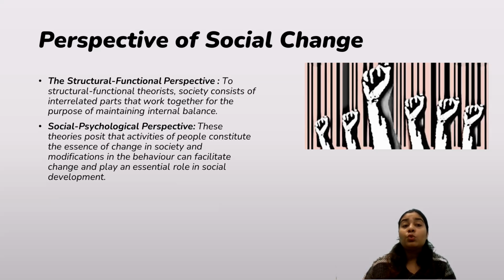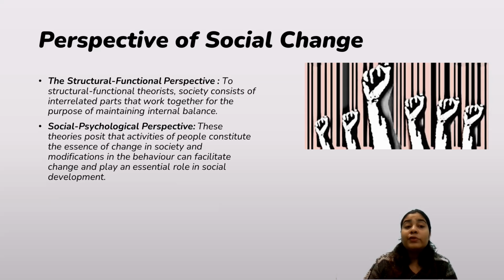Then coming to the social psychological perspective, these theorists point out that the activities of the people have the essence of change in society, right? So the social psychological perspective can be defined as the study of influences. They say that the influences a society can have on the actions of an individual.